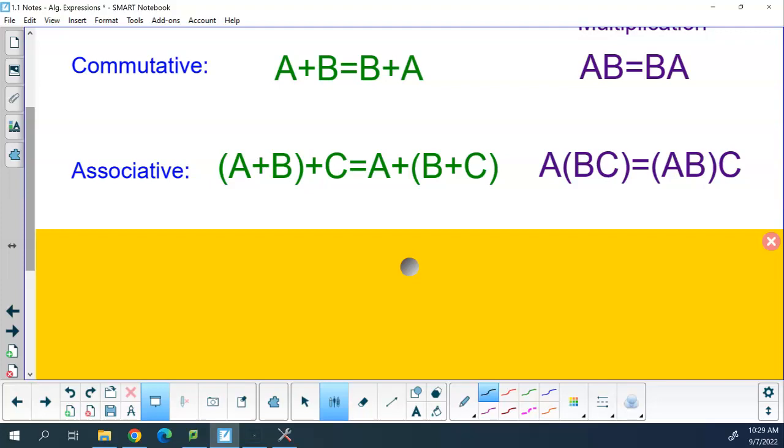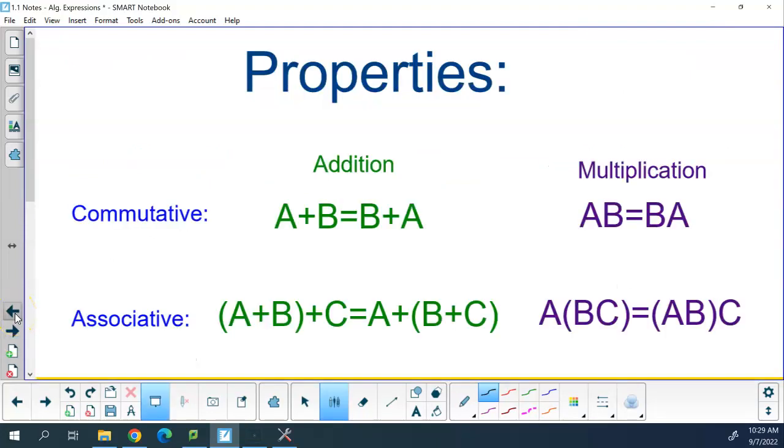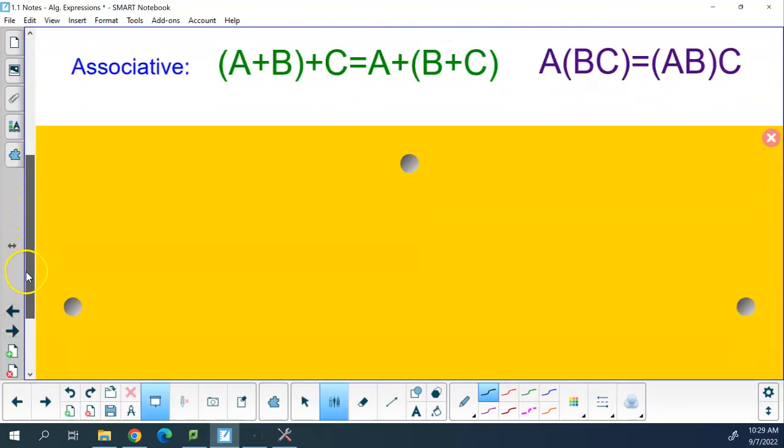As long as you do all of the operations, you should get all of the same piece. That is associative. Oops, wrong one.